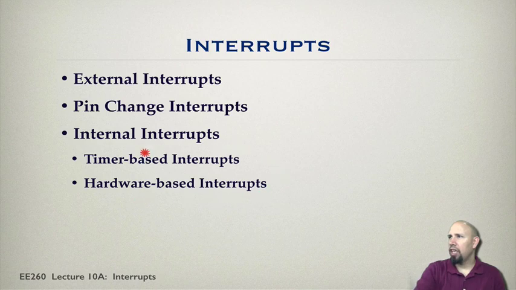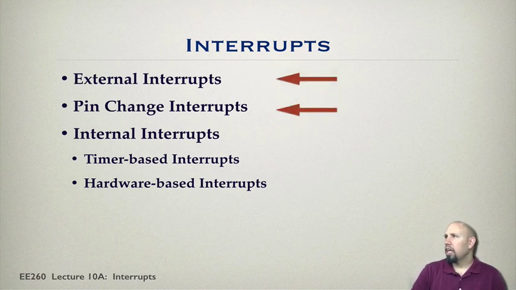And finally, there are internal interrupts that are either timer-based or hardware-based. So, for example, communications like serial communications, or the analog to digital converter when the conversion is done, are all internal interrupts.